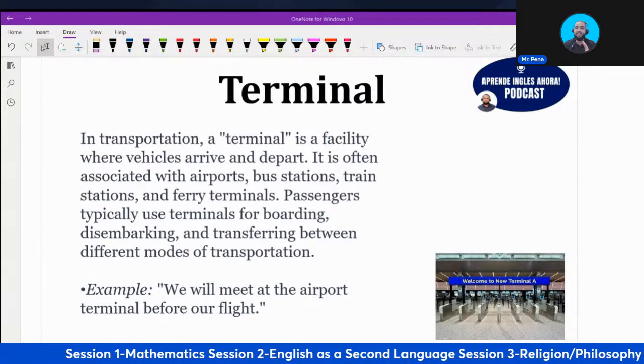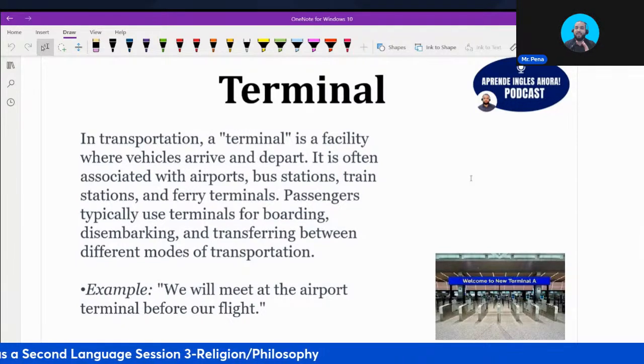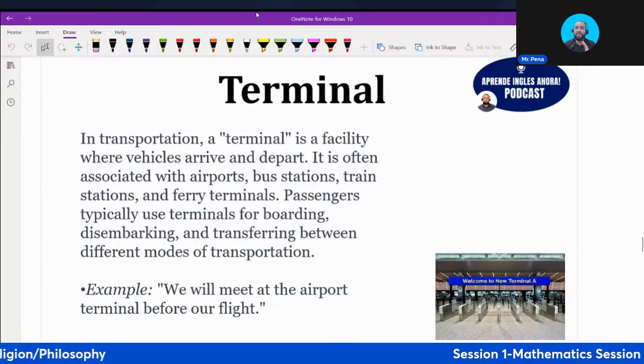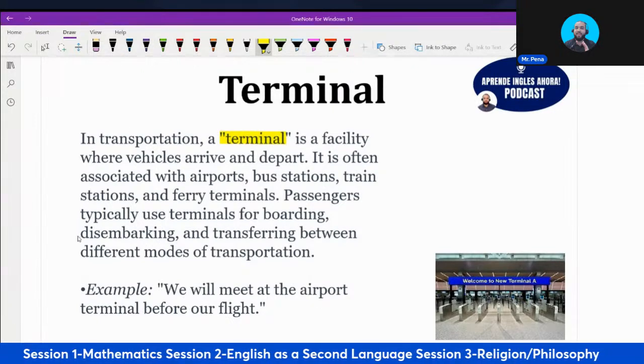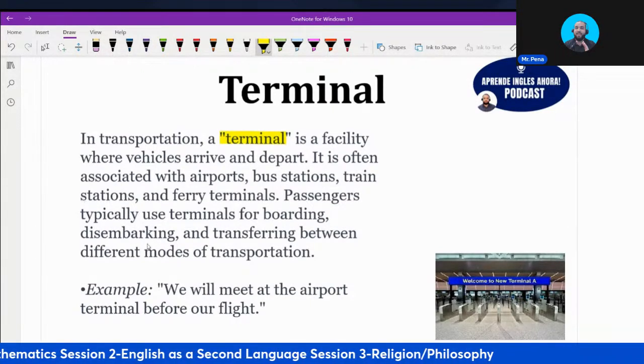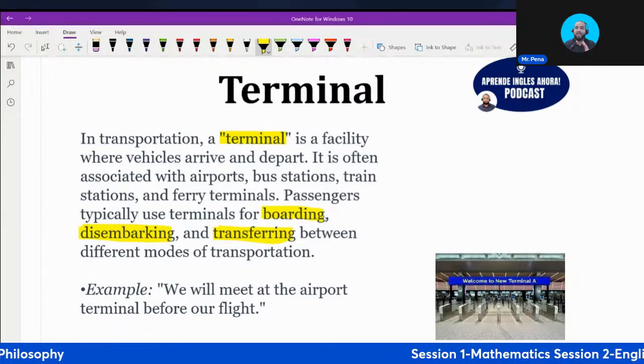A terminal is a facility where vehicles arrive and depart. It is often associated with airports, bus stations, train stations, and ferry terminals. Passengers typically use terminals for boarding, disembarking, and transferring. So they go through terminals to get onto sections of the airport and to board.